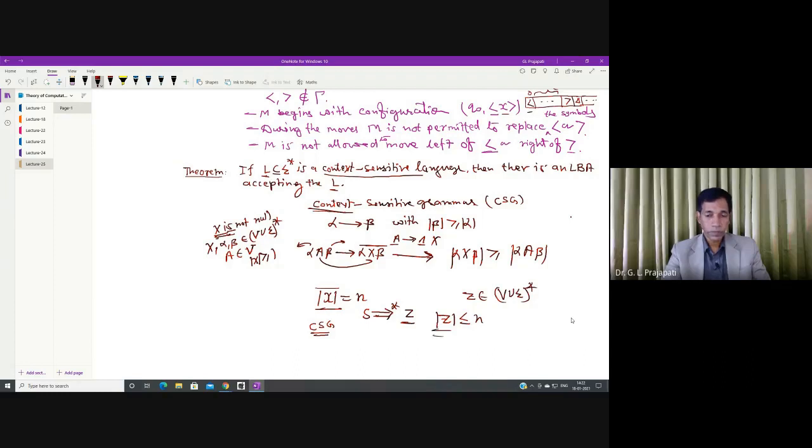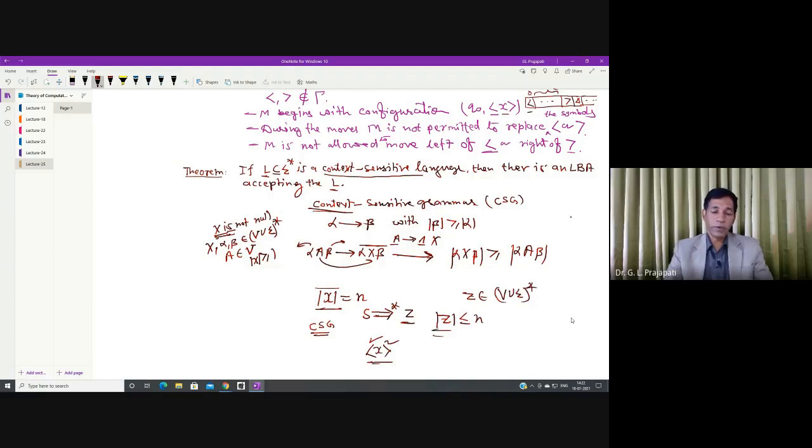Whatever the length of x, you will not have working strings during the generation longer than the length of x, and hence you don't require more region, and this x has some fixed region. That's why you are bounding with the two symbols here.